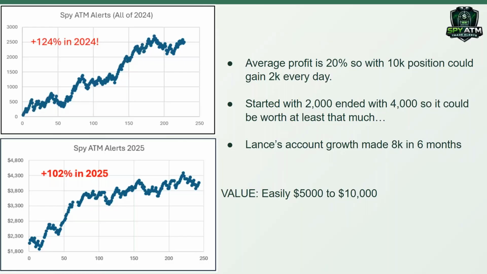And if you started with $2,000 on a small account, you could end with $4,000 in a year based on our results from the last couple of years. That's not promising anything going forward. Things can change, and we're developing a new system at the moment to complement this, to make sure we're adjusting for the market this year. So it's pretty interesting the way it's going.